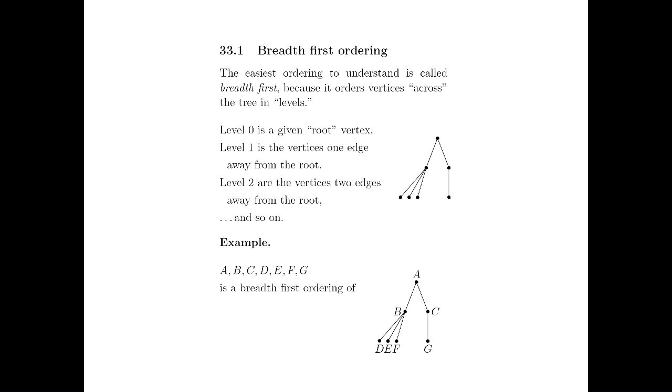So one way to think of making a breadth first ordering, or a breadth first spanning tree of a graph, is that we're sort of dividing it into levels, right? We're picking a particular vertex to be a root, and then things that are distance 1, distance being the number of edges minimum I need to walk over to get there, away from the root will go on the first level, distance 2 will go on the second level, and so on.